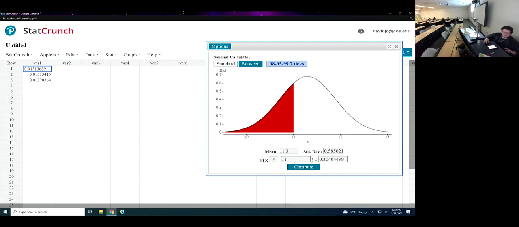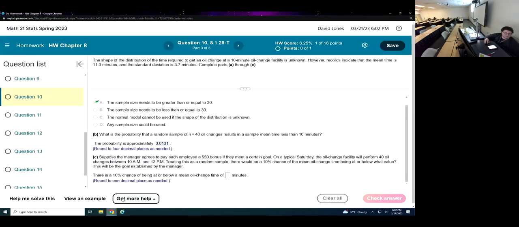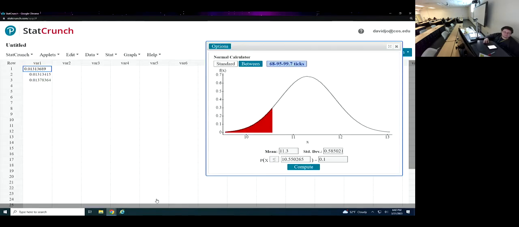Maybe they wanted decimal places. Let me go back to putting that to 0.1 and hit compute. Let me go look at their question. It says round to 1 decimal place. Yeah, they do want decimal places.